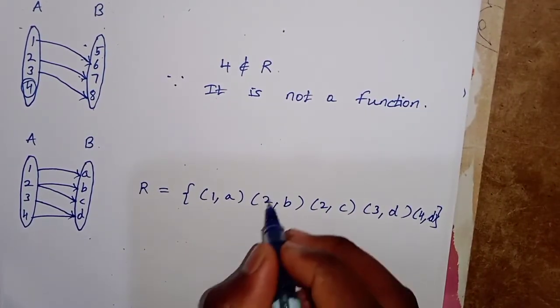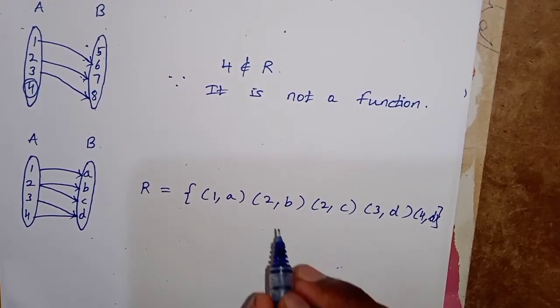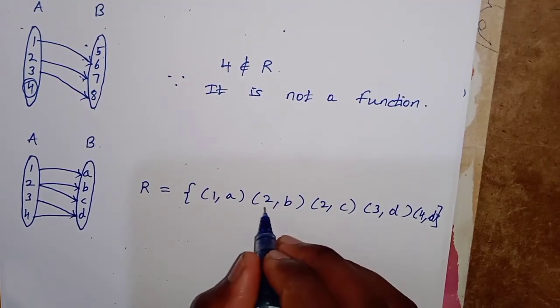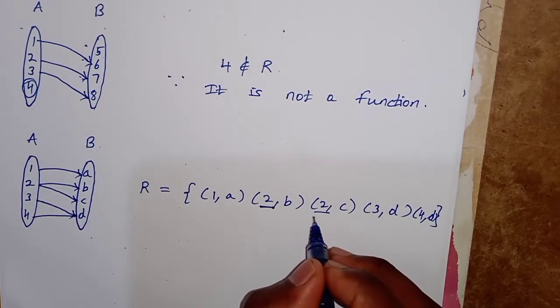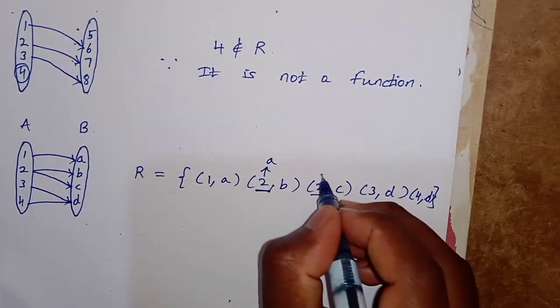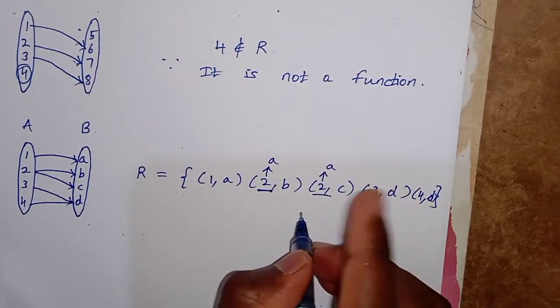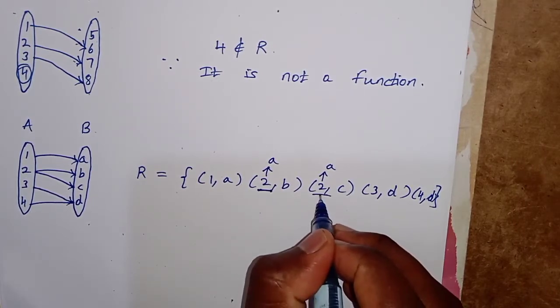Therefore, in the statement I said that no two ordered pairs have the same first element. See here, 2 is present here, and 2 is present here also. The first element, the pre-image, should not be repeated. Here also 2, here also 2.